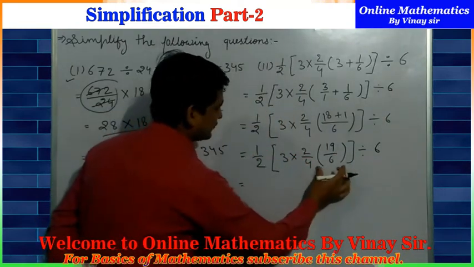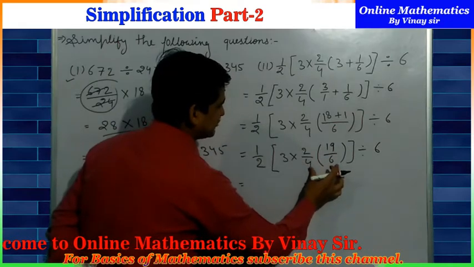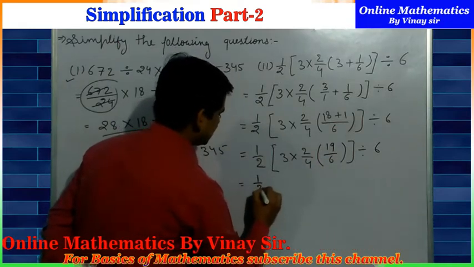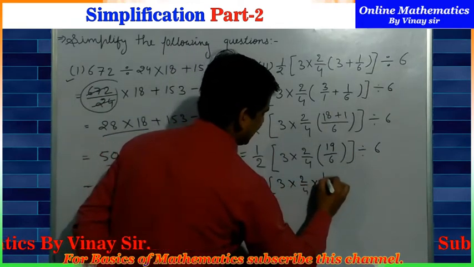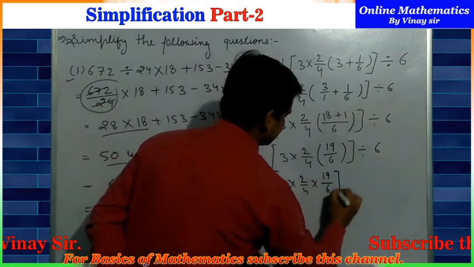Now we have to multiply these two numbers: 1 upon 2, 3 into 2 upon 4, multiplied by 19 upon 6, and divided by 6.